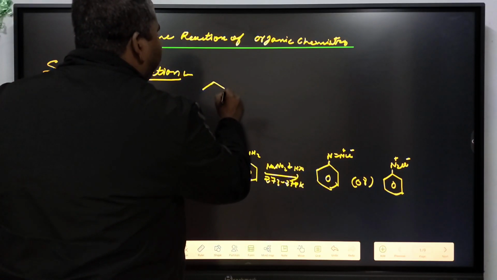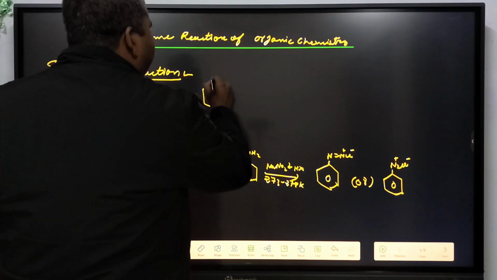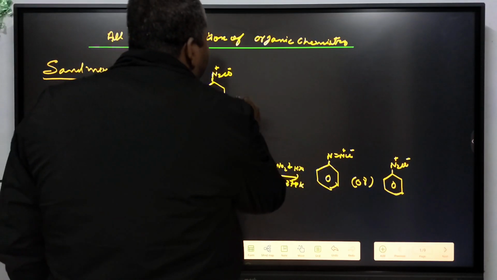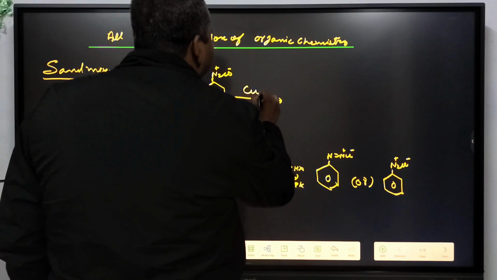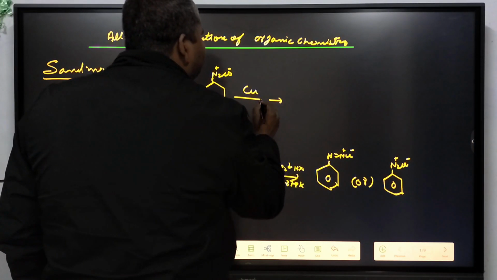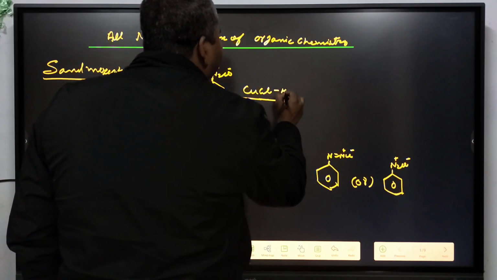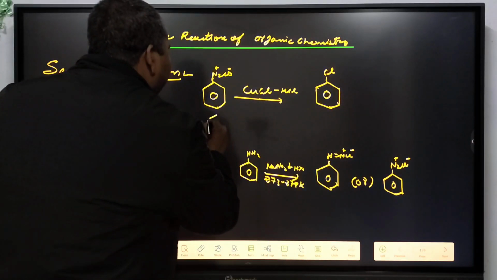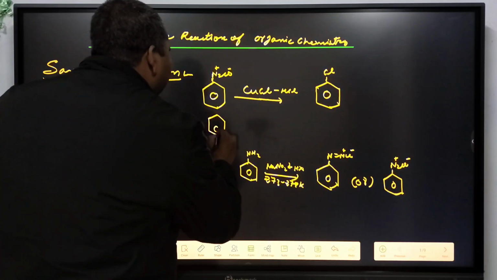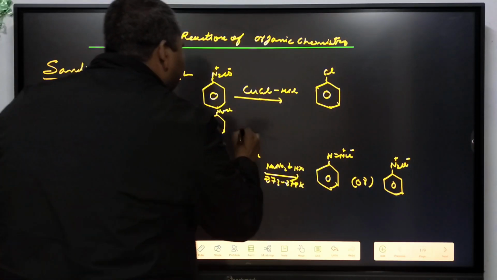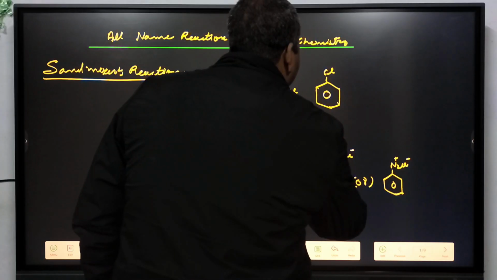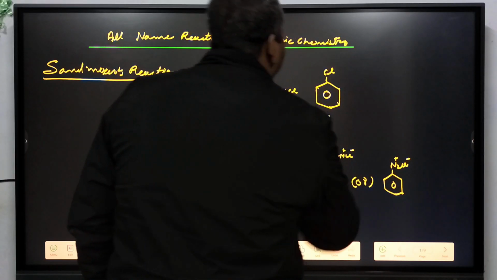Here, the freshly prepared diazonium salt reacts with CuCl to give chlorobenzene, or to give bromobenzene.